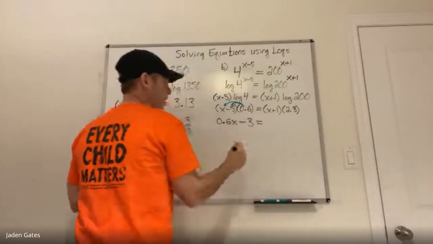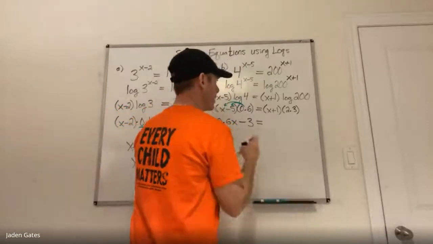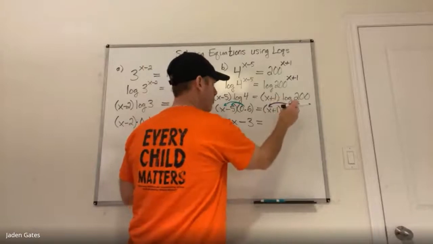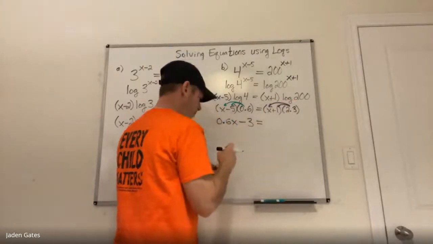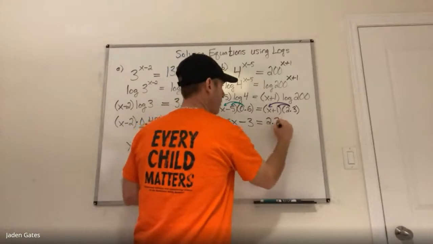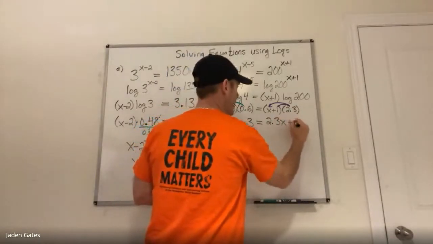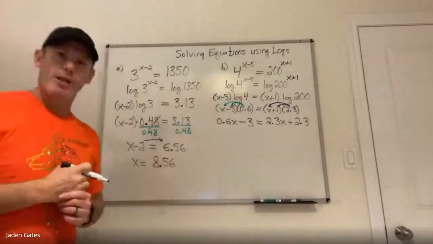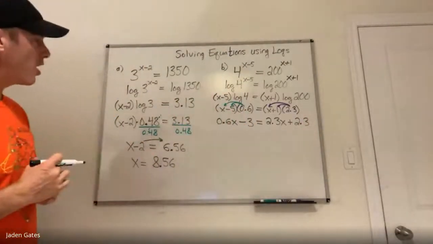Over to the other side, same thing. I'm going to do the rainbow rule: 2.3 times x, and 2.3 times positive 1. So I get 2.3x and 2.3.